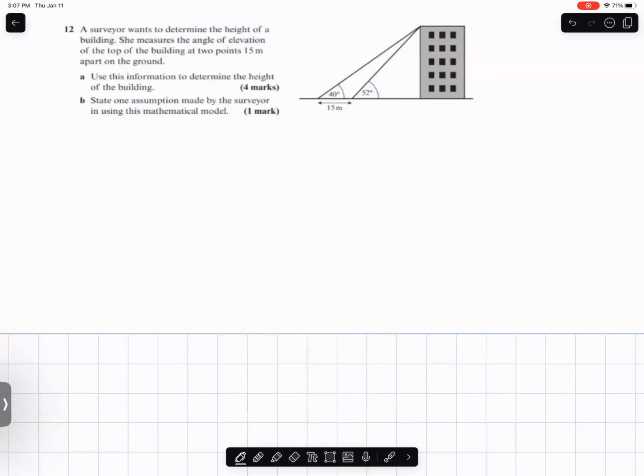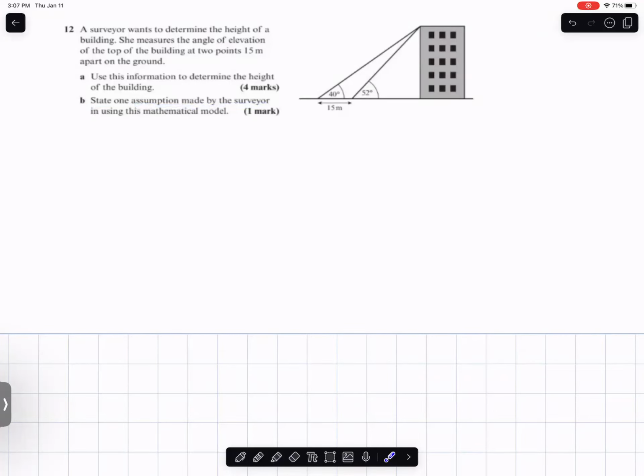A surveyor wants to determine the height of a building. He measures the angle of elevation of the top of the building at 2 points 15 meters apart on the ground. Use this information to determine the height of the building and also state one assumption made by the surveyor in using this mathematical method.